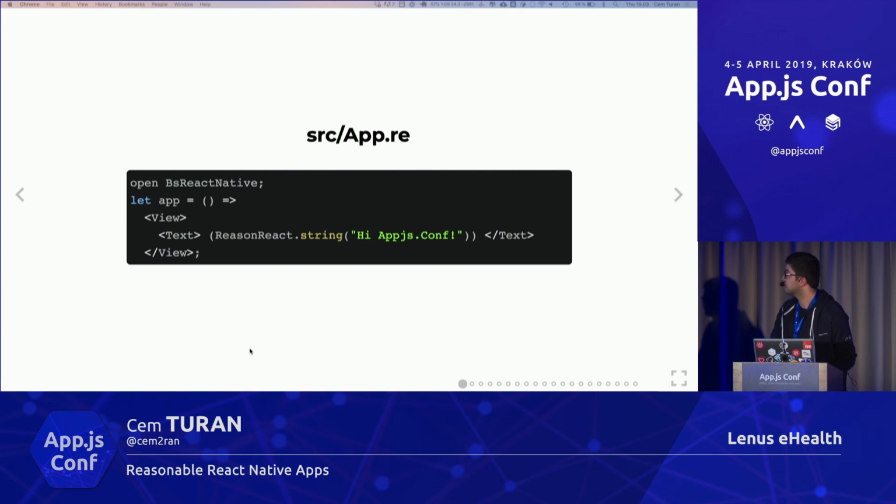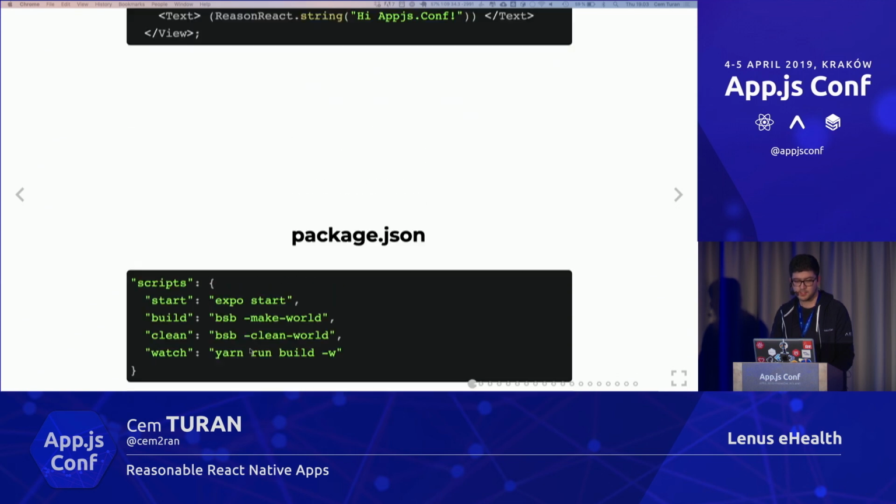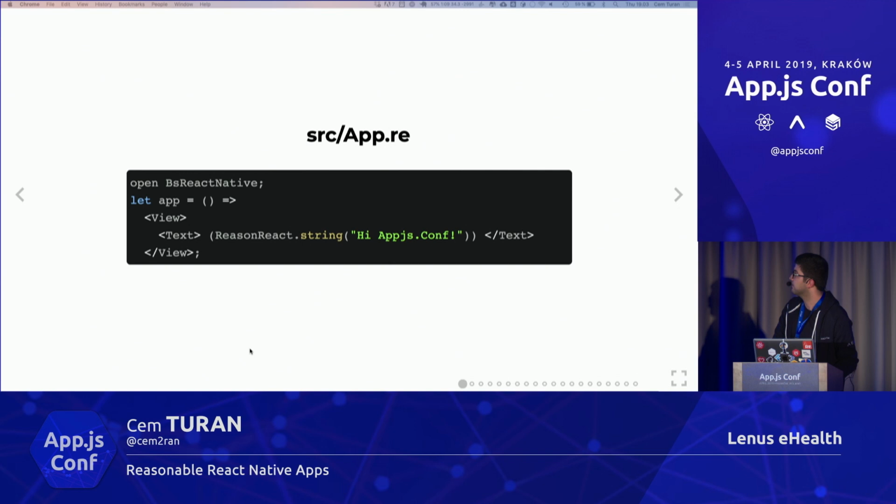Yeah. So here's one very small, silly example. This could be your entry point and where you have the rest of your application. And you would then simply just require this from your normal JavaScript index.